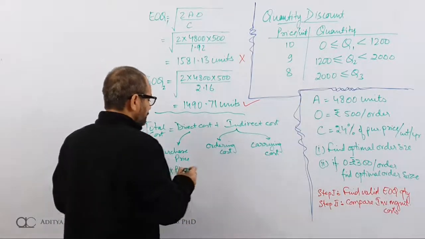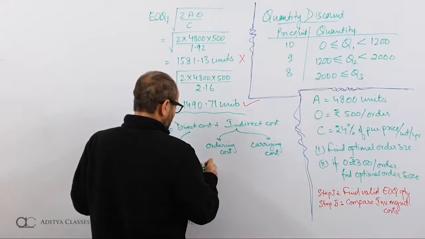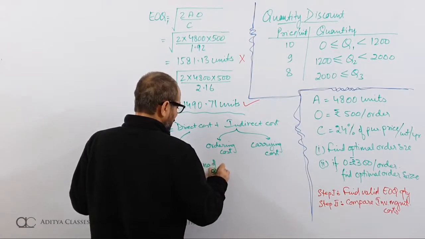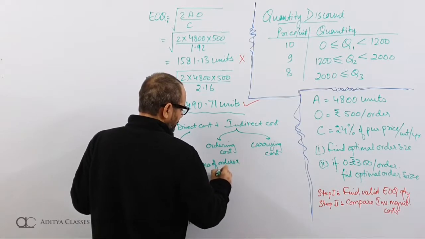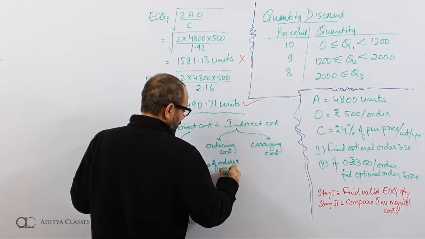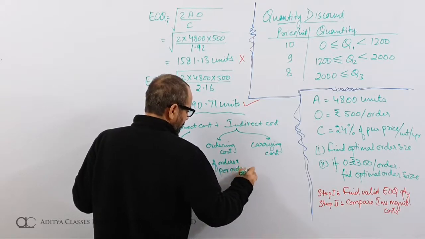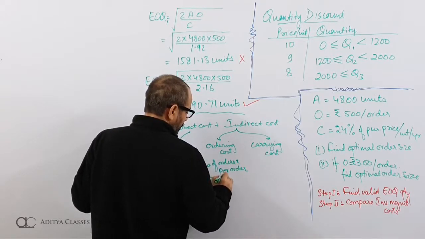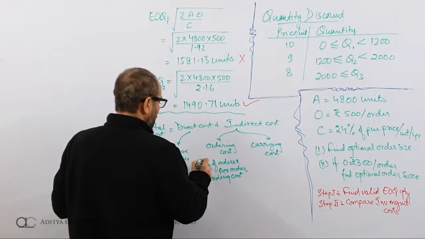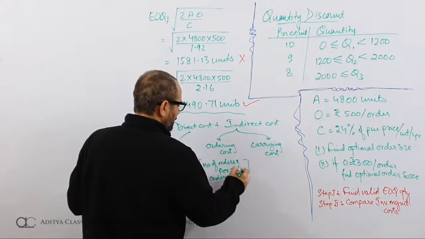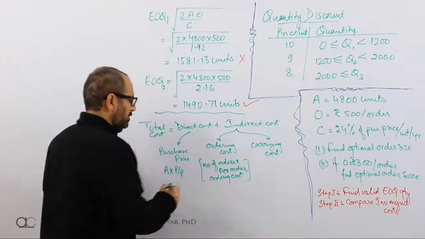Fine. So this is my total purchase price in the year. What is ordering cost? Ordering cost put simply is number of orders multiplied by per order ordering cost.